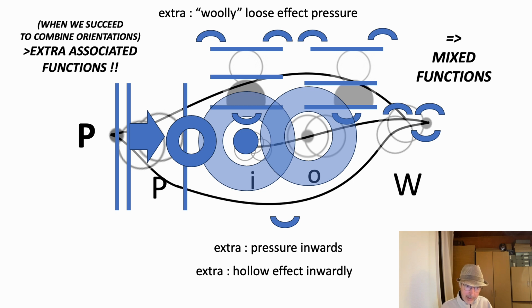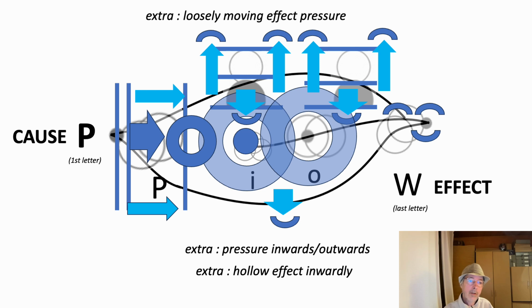Because of the E, it will have a pressure inwards. Because of the O, it will have a hollow effect inwardly as well. So the cause is the first letter, of course, the P from pillow. The effect is the last letter, or the W. So that's the loose, hanging together form.